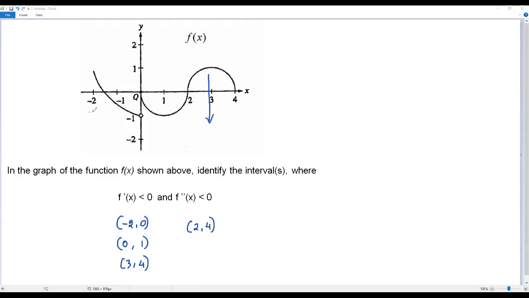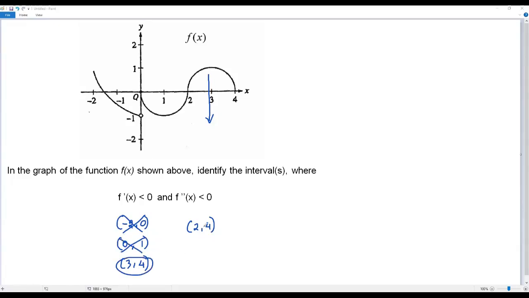No, because negative 2 to 0 is over here and 2 to 4 is over here. So these intervals do not coincide, and we can reject the first interval. Now let me compare the interval 0 to 1 with 2 to 4. Are they coinciding? No, because 0 to 1 is over here and 2 to 4 is over here. So these two intervals are also not coinciding. We can reject this one as well.